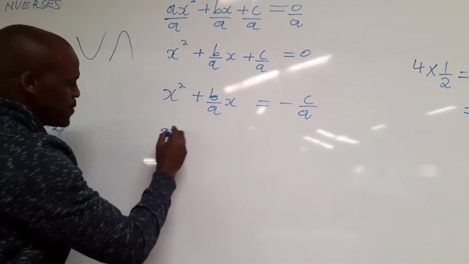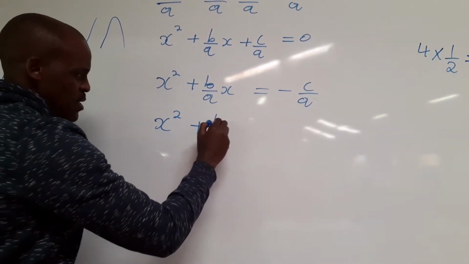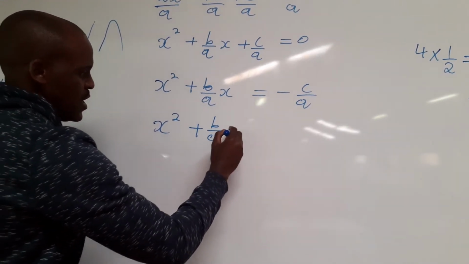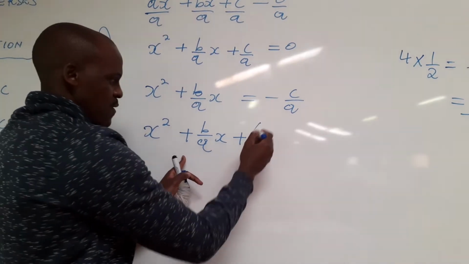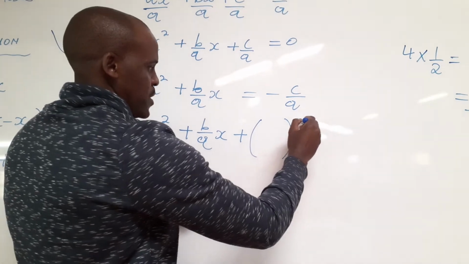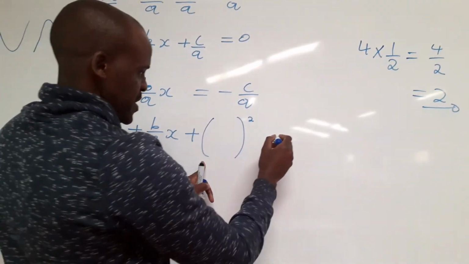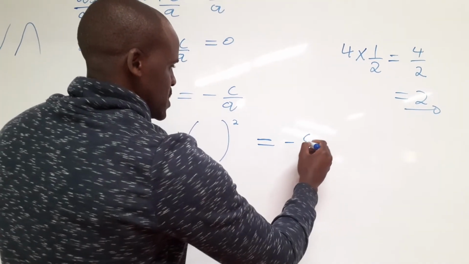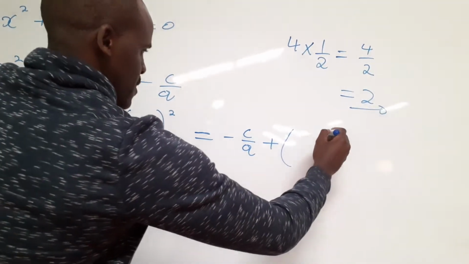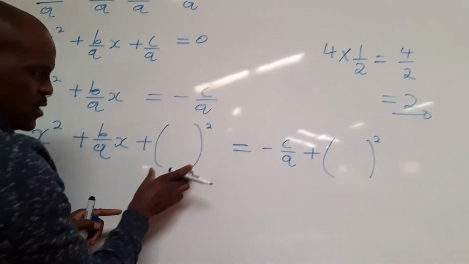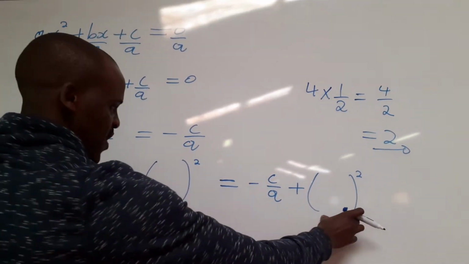Therefore, here we are going to have x squared plus b over a x plus, and then we halve this and put a square there. What you do on the left, you also do on the right. It's minus c over a plus the same value. Remember, we are completing the square, so the number we put here has to be the same as that one.